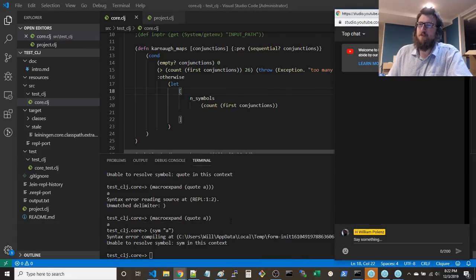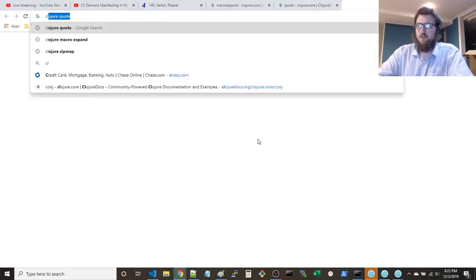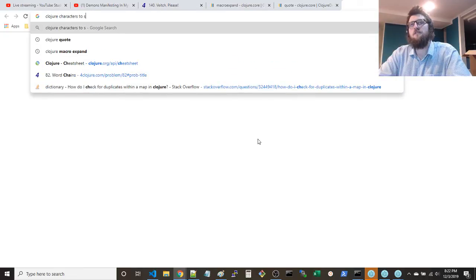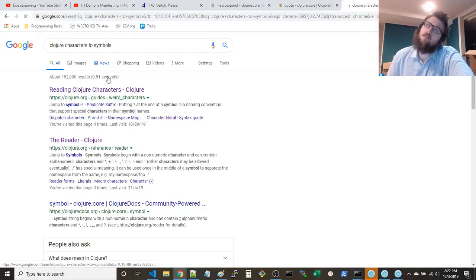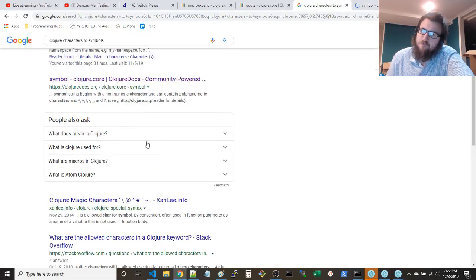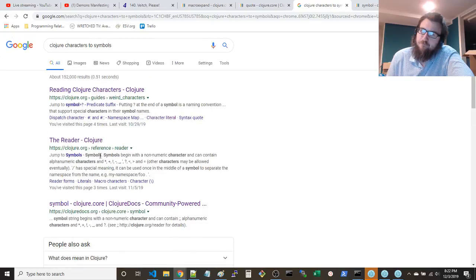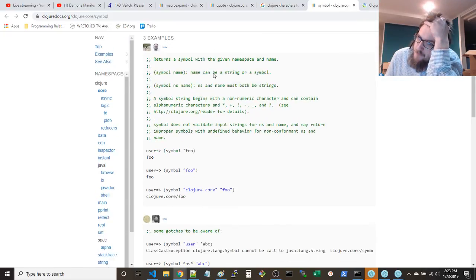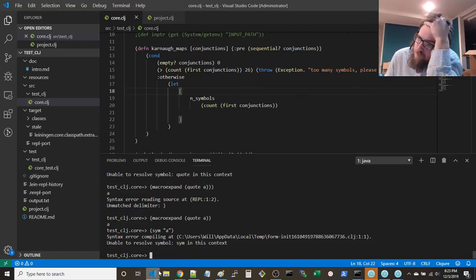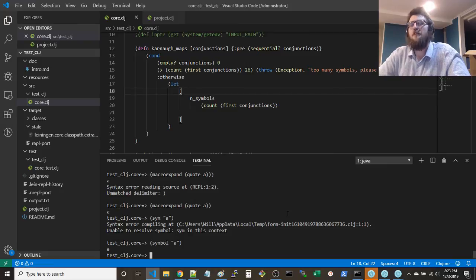Can we do strings to symbols? Clojure characters to symbols. Is there a way to perform this mapping? Symbols. Symbol. Okay.